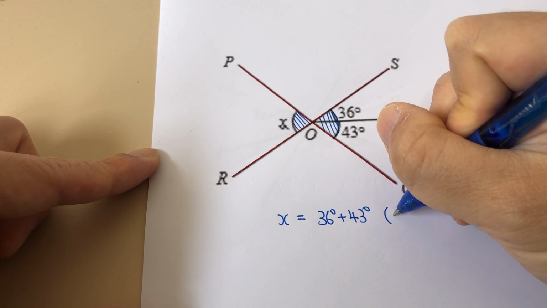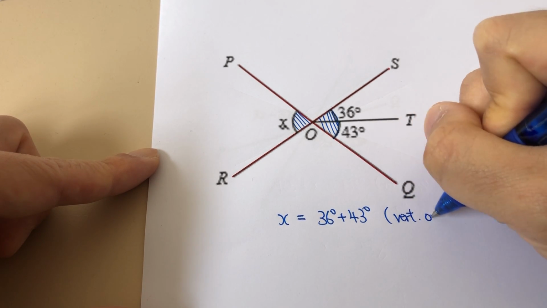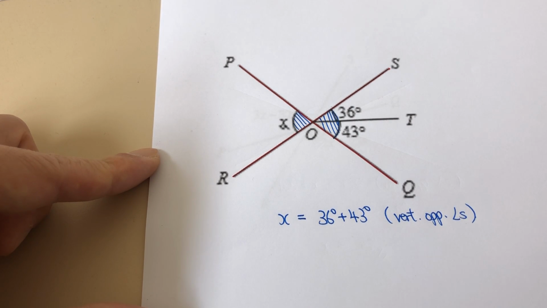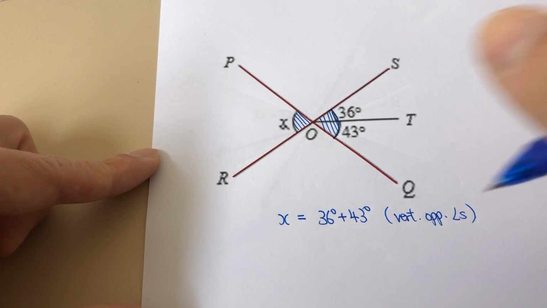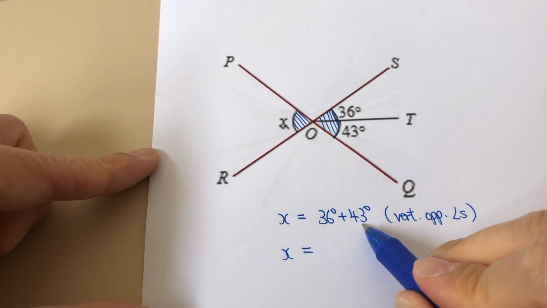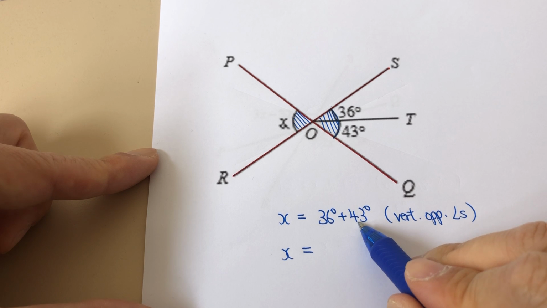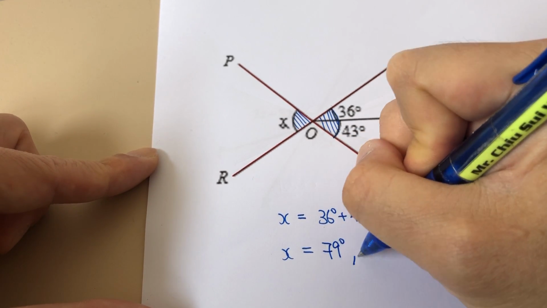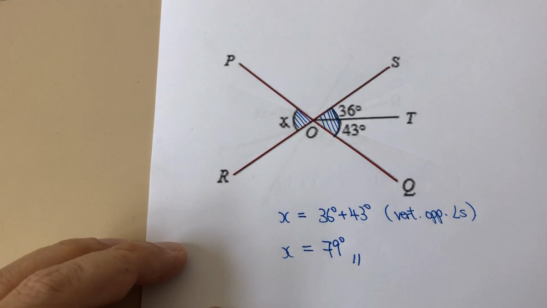We call them vertically opposite angles. Okay? So, in this case, we just need to add the two angles up. 36 plus 43 becomes 79 degrees. Okay?